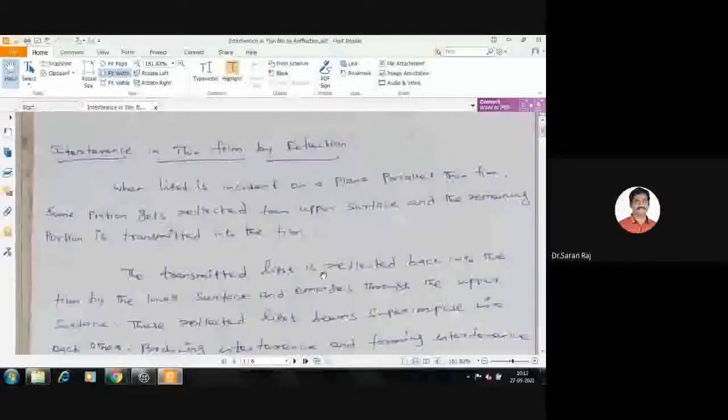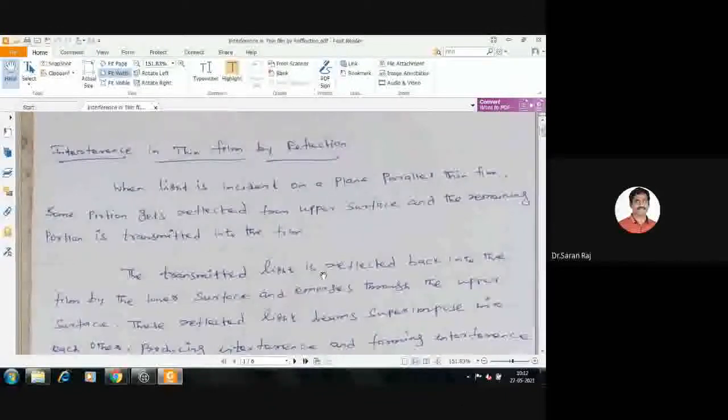So today in class we are going to discuss interference in thin film by the reflection method. When light is incident on a plane parallel thin film, some portion gets reflected from the upper surface and the remaining portion is transmitted into the film.